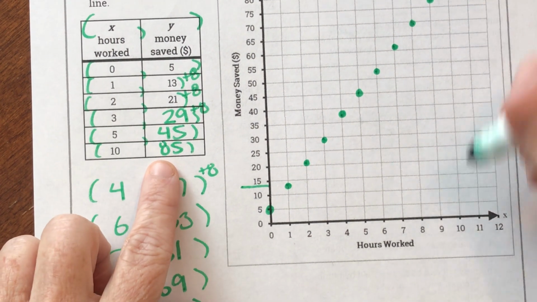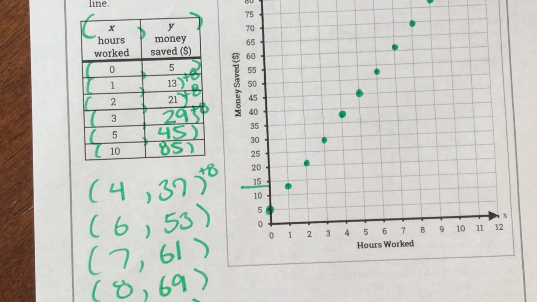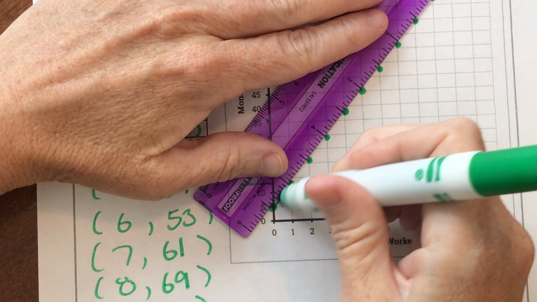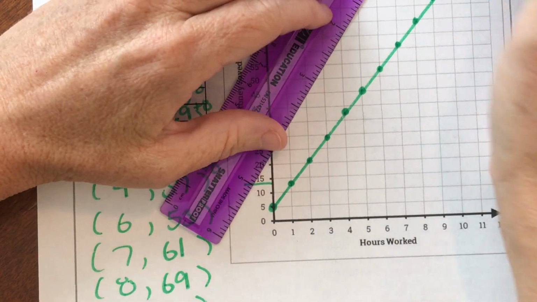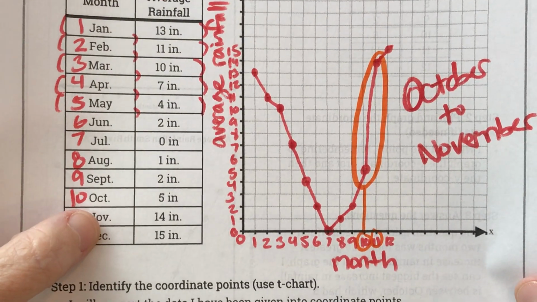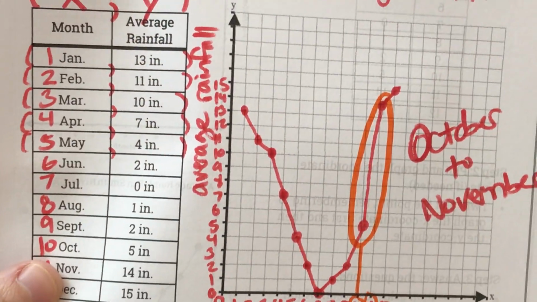And at 10 hours, she had $85. And look at that nice, consistent line there. So our line is consistent in a straight line because she was earning the same amount every hour. But remember when I did mine with you, my line was kind of all over the place. So sometimes line graphs could look like this, but they often look like this as well.